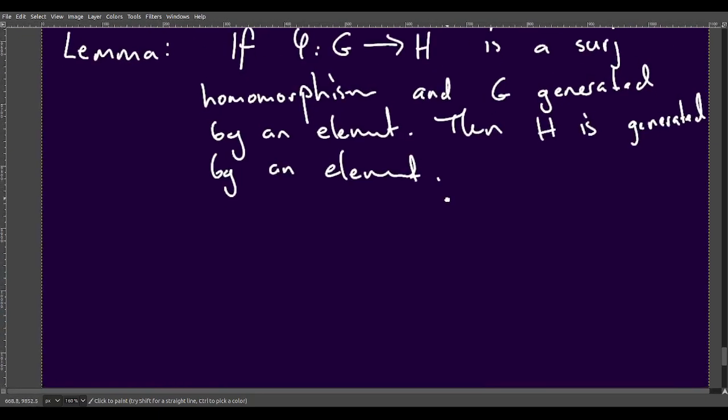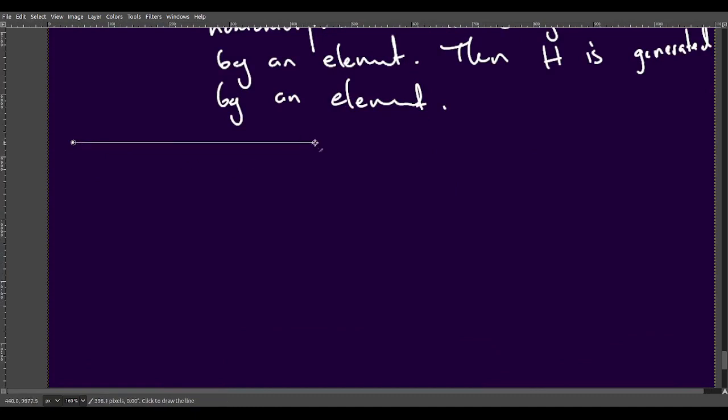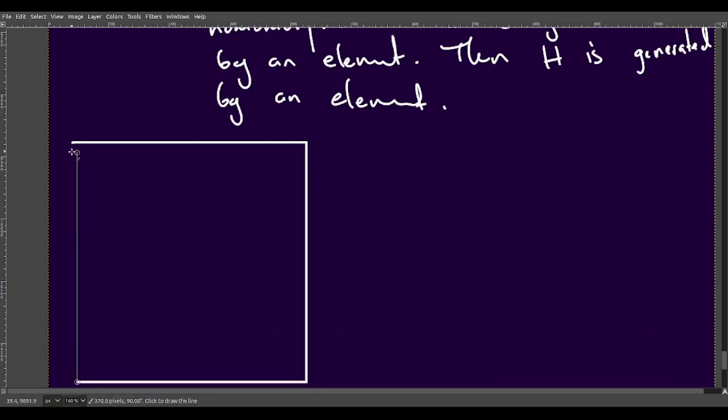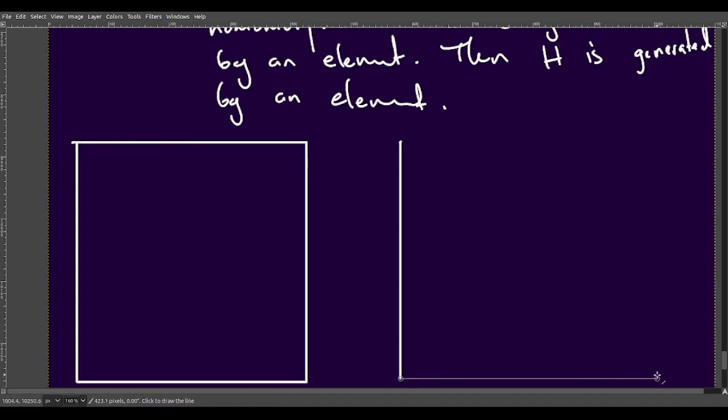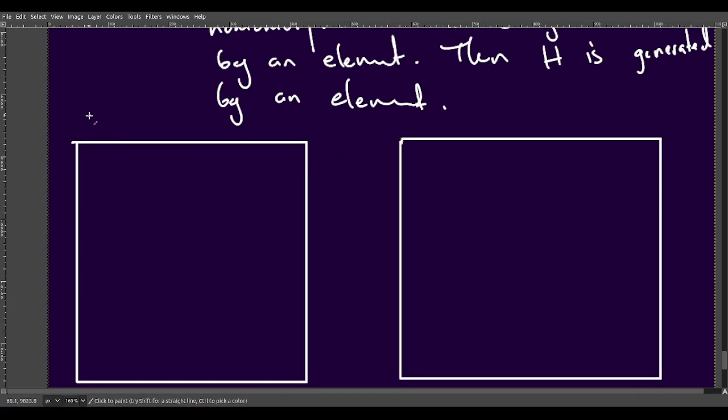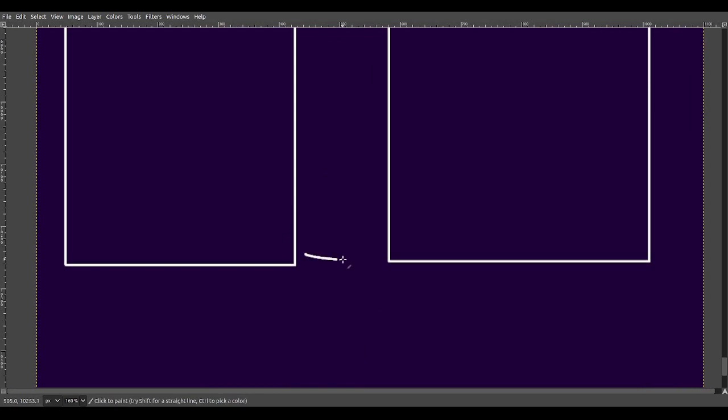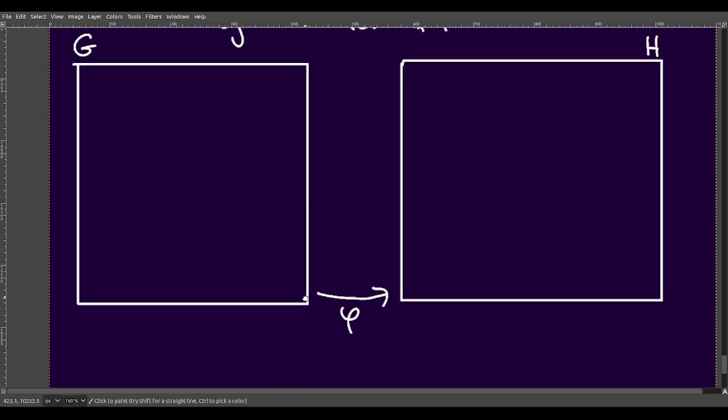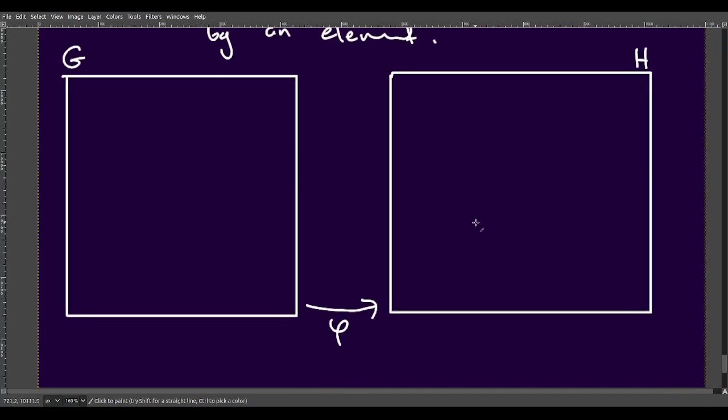So the way we can prove it is I'm going to start with a small little visual, and hopefully this provides some intuition with the proof. On the left hand side, this is going to be our group G, and on the right hand side, this is our group H, and we have a surjective homomorphism phi. First of all, what does it mean for phi to be surjective?